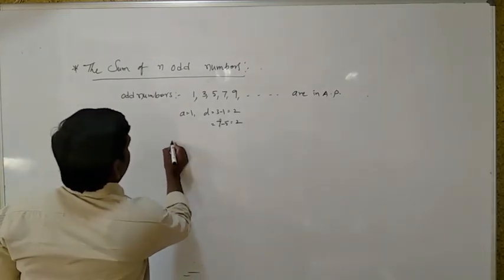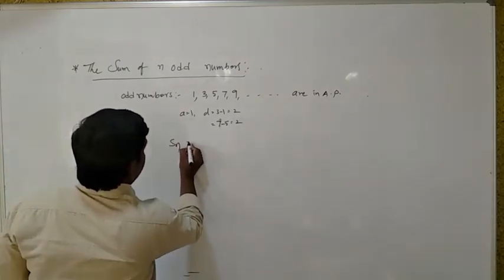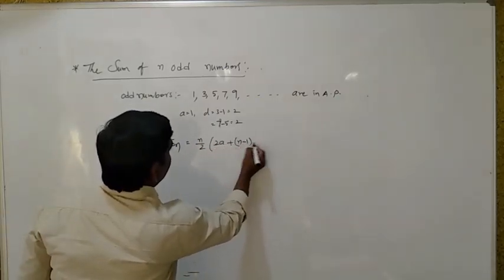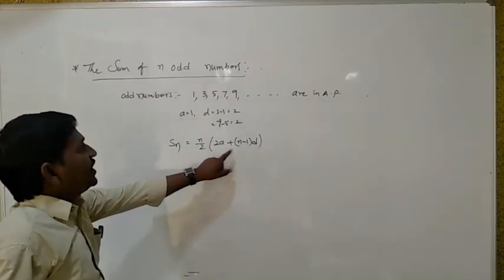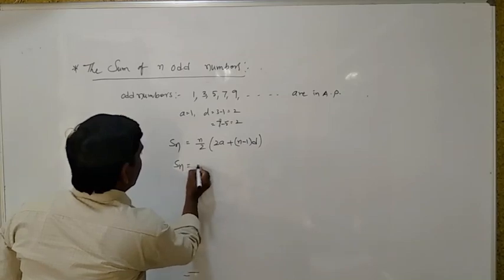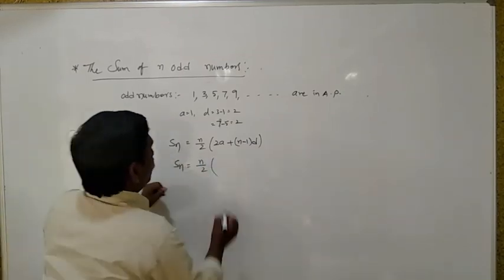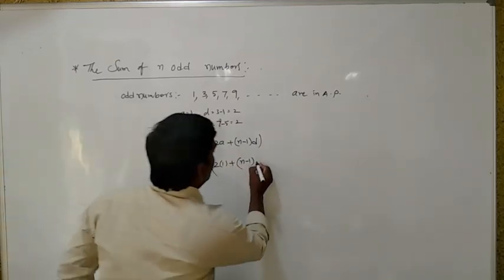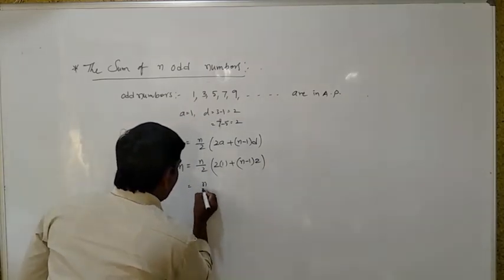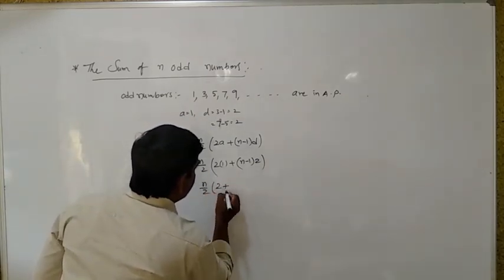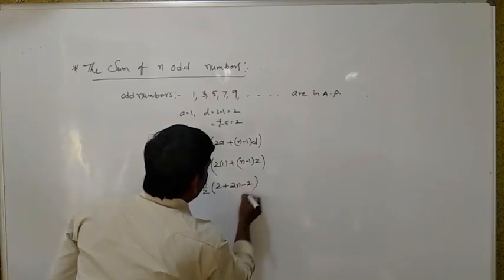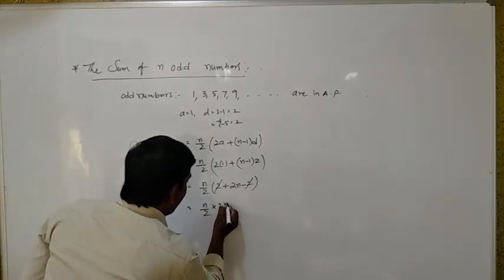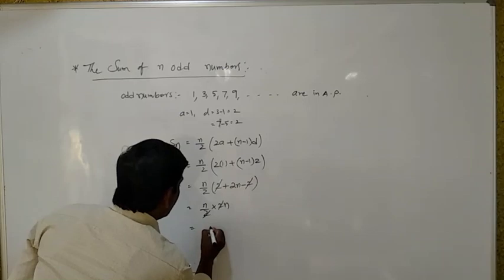So Sn equal to n by 2 into 2a plus n minus 1 into d. Substitute a and d values in the formula. Sn equal to n by 2, here 2a means 2 into 1, and n minus 1 into d, d value 2. n by 2, 2 ones are 2 plus 2n minus 2, the 2 and minus 2 both cancel, n by 2 into 2n. 2 cancel, n into n, n square.